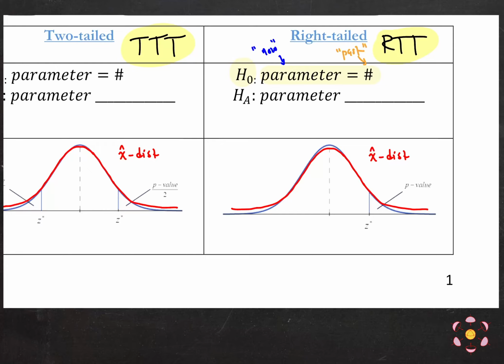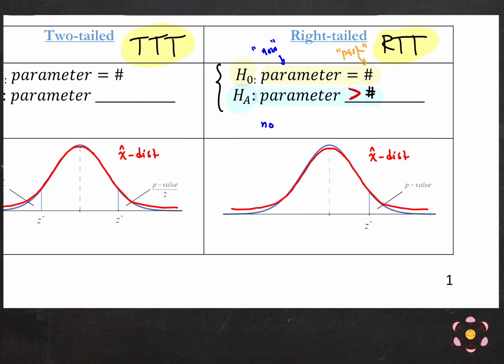That's why we have an equal sign in between. Then we have an alternative hypothesis where we say we think the parameter is now bigger than whatever the number was in the past. That's our competing claim, right? We've got two claims here. We think it's the same as the past, or we think it got bigger.